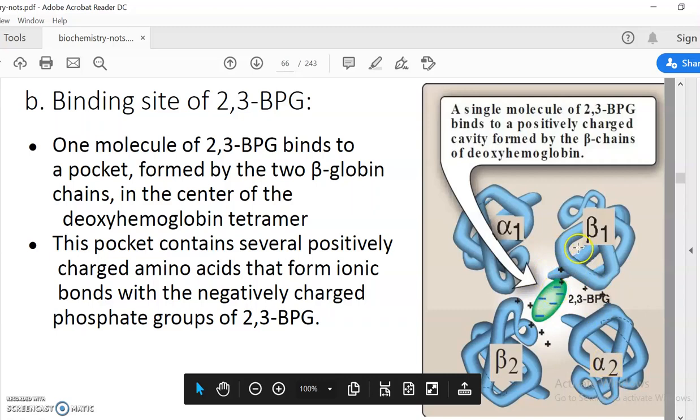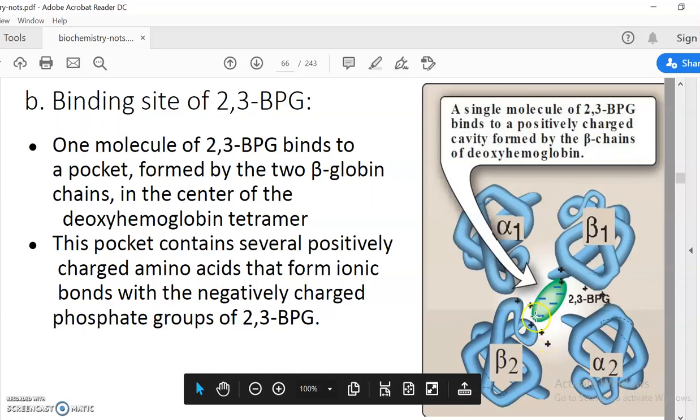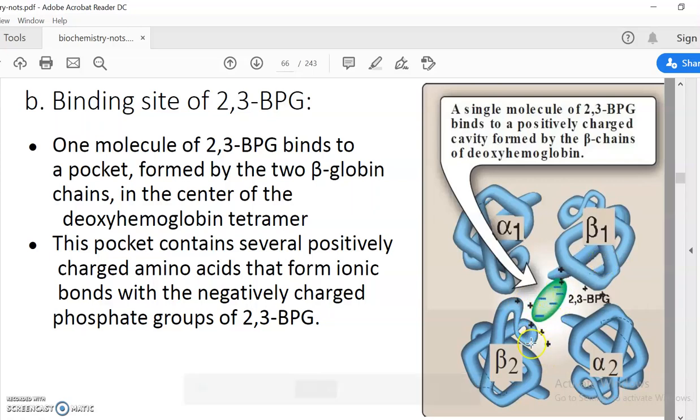Here there is a pocket between beta 1 and beta 2. 2,3-BPG will bind ionically in this pocket, and the binding here is stronger than the binding of hemoglobin with oxygen. One molecule of 2,3-BPG binds to a pocket formed by the two beta globin chains in the center of the deoxyhemoglobin tetramer. This pocket contains several positively charged amino acids that form ionic bonds with the negatively charged phosphate groups of 2,3-BPG.